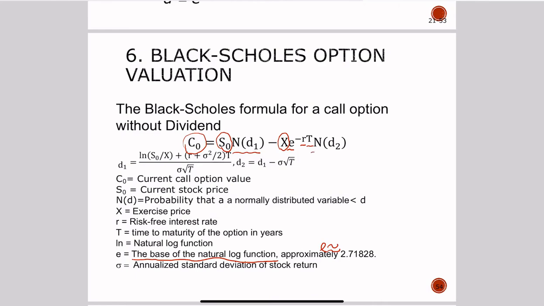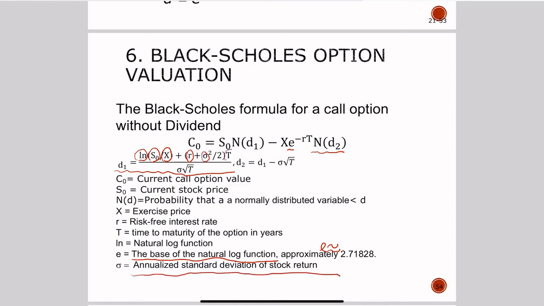Now let's talk about N(d1) and N(d2). First, d1 is given by this formula, and we can see that it's actually quite complicated. ln is the natural log function. Again, S0 is the current stock price, X is the strike price, r is the risk-free rate, and sigma is the volatility, or annualized volatility, of the stock's return.